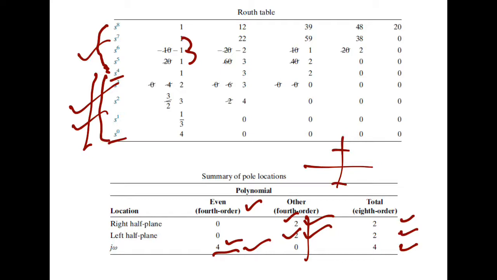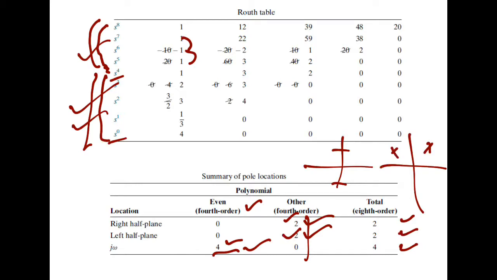Every row in the Routh table from the beginning of the chart to the row containing the even polynomial applies only to the other factor of the original polynomial. For this factor, the number of sign changes from the beginning of the table down to the even polynomial equals the number of right half plane roots, and the remaining roots are left half plane roots.